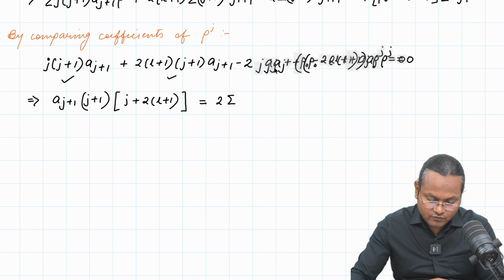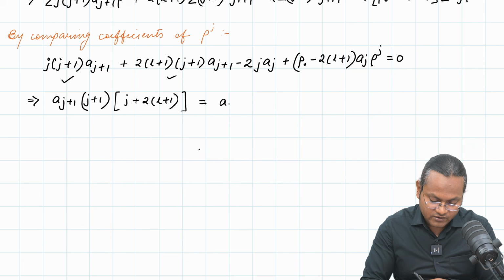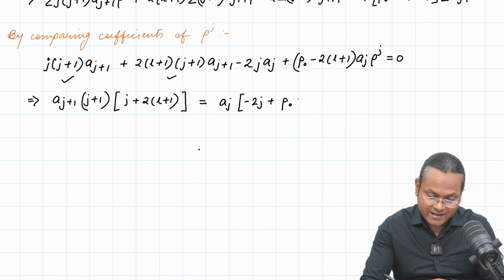So therefore, if I take a_j common, this will give us minus 2j plus rho naught. Again, I don't need the rho term here because we are just comparing the coefficients. Rho naught minus 2l plus 1.